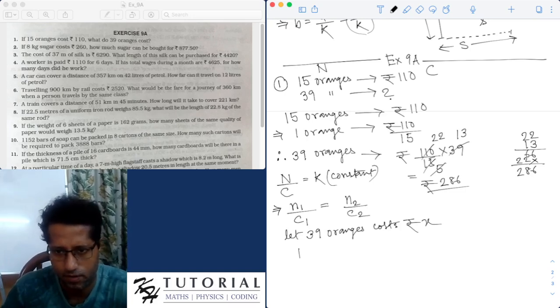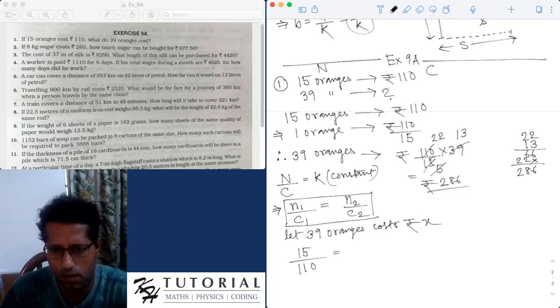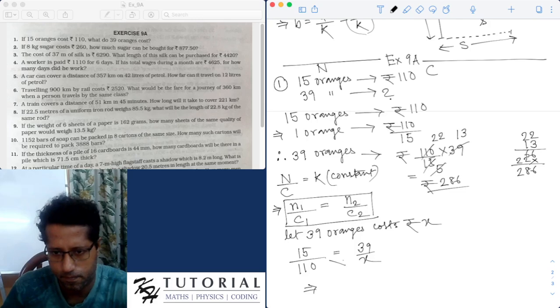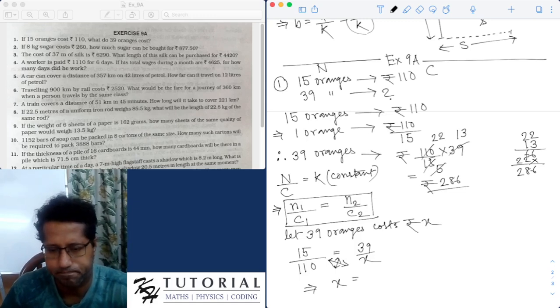So using this formula, we have 15 by 110 equals 39 by x. Solving this equation by cross product, we will see that x equals 110 by 15 into 39.